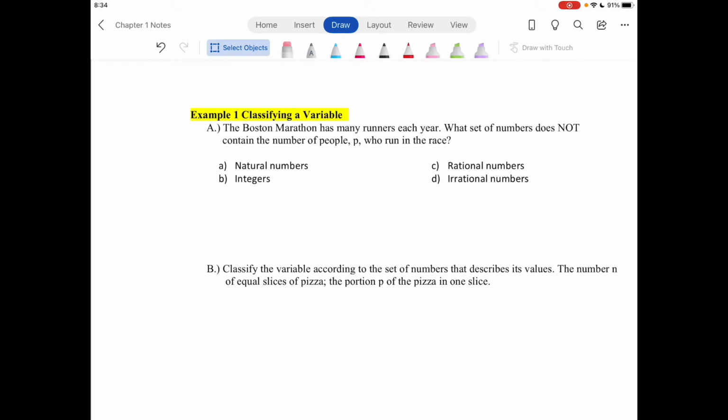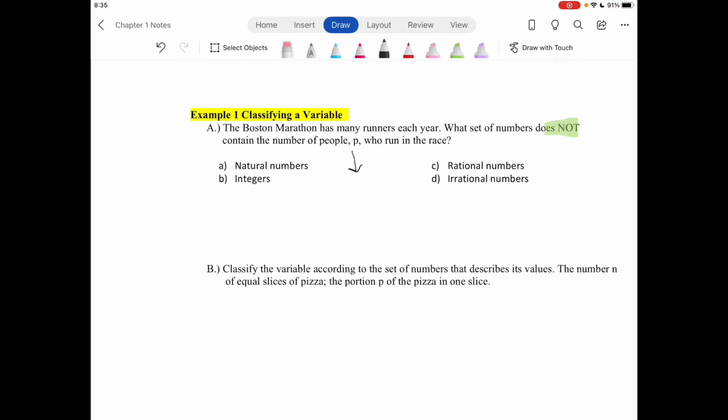Remember from yesterday that we said that variables represent numbers, so we're going to classify variables as to what type of real number they would be. The Boston Marathon has many runners each year. What set of numbers does not contain the number of people who ran the race? Well, let's start by saying, what type of number would the number of people who ran the race be represented by? What kind of real number from that list above?